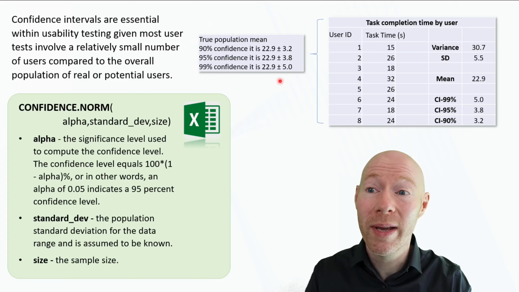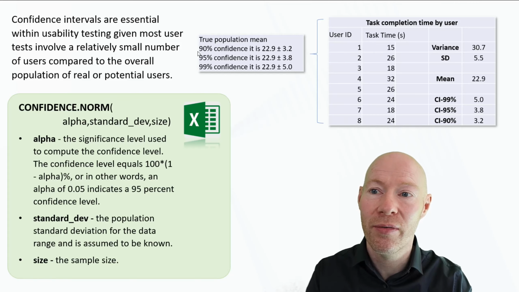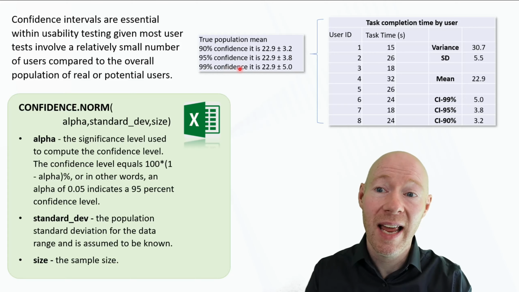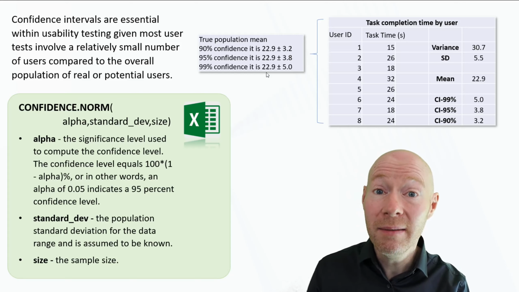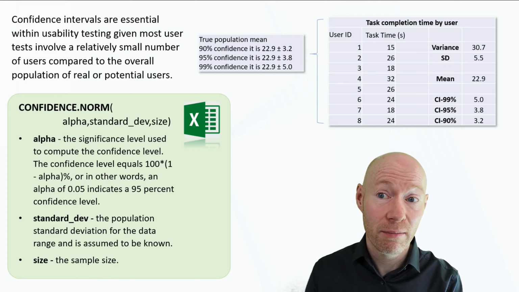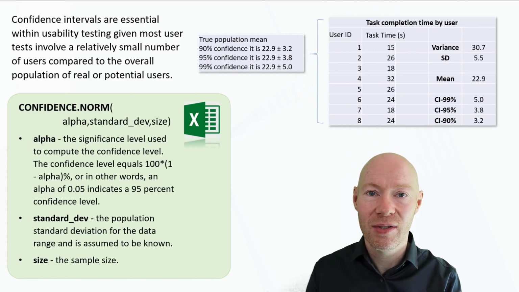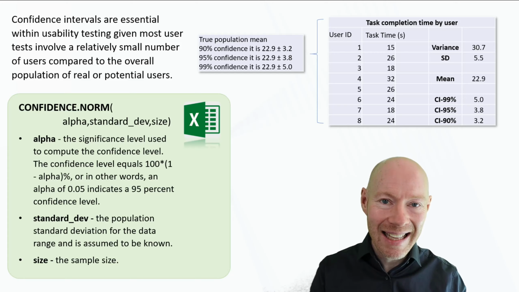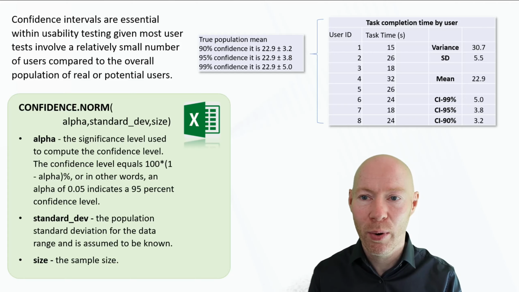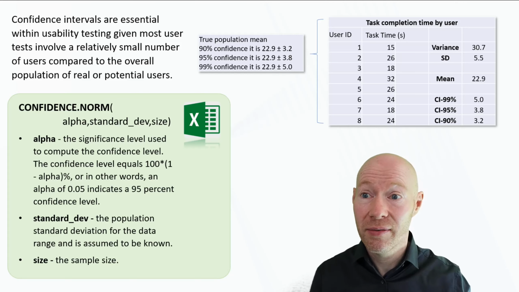So overall, what we can say, based on this collection of data, if we were to observe this, is that we can be 99% confident that the true mean is 22.9 plus or minus 5. We're 99% certain that the true mean of the overall population is going to be inside that interval. So 22.9 minus 5 to 22.9 plus 5.